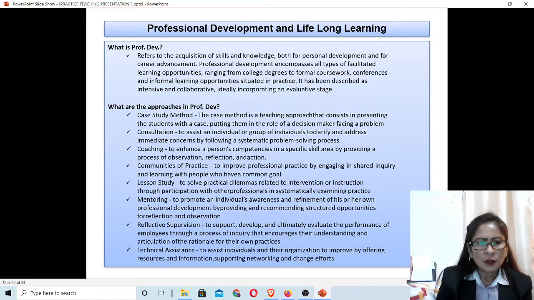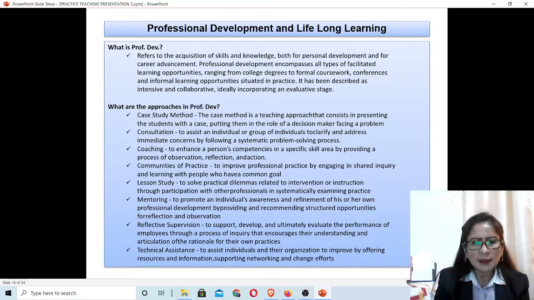Coaching. Coaching is to enhance a person's competences in a specific skills area by providing a process of observation, reflection, and action. Communities of practice: to improve professional practice by engaging in shared inquiry and learning with people who have a common goal.